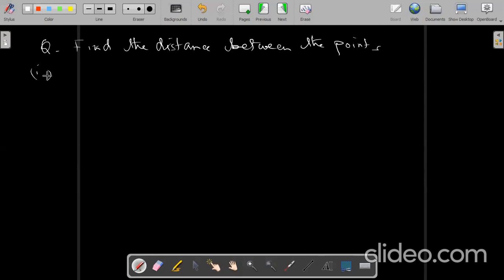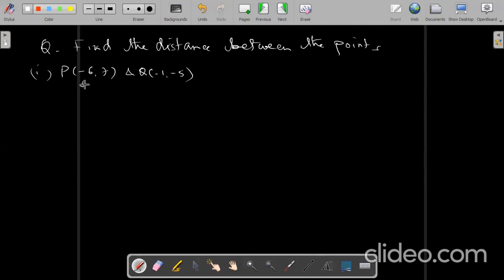First question, point P is minus 6, 7 and Q is minus 1, minus 5.